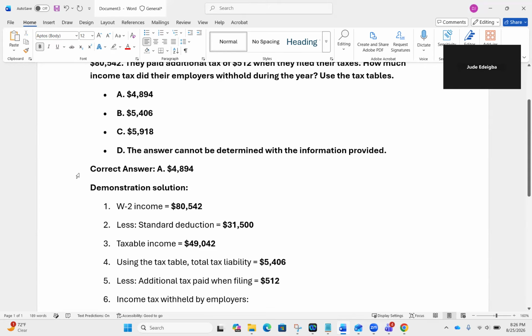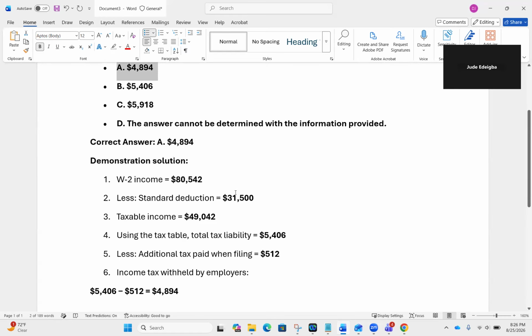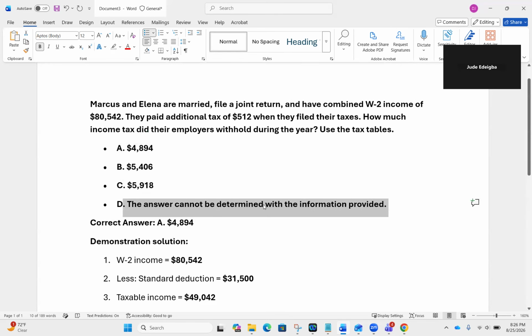So this is the correct answer, which is A. If you are taking the EA exam, this will be similar to the kind of question that you come across. There are times that the answers cannot be determined, if you don't have complete information, but the information provided here is adequate for you to determine what the tax liability is.